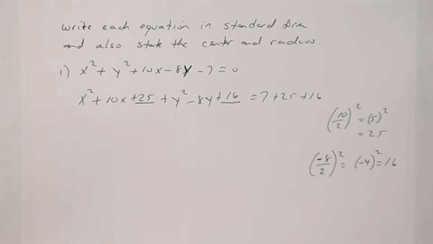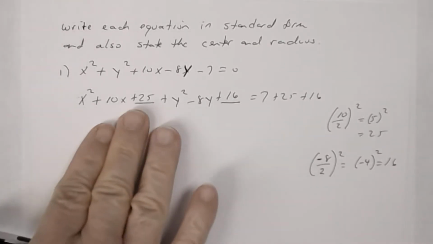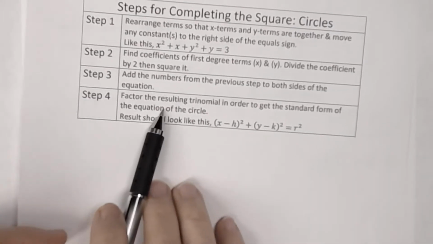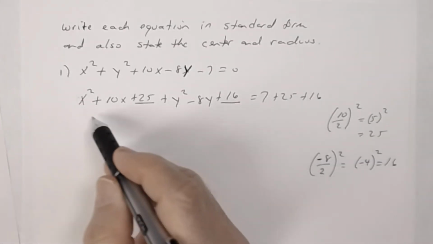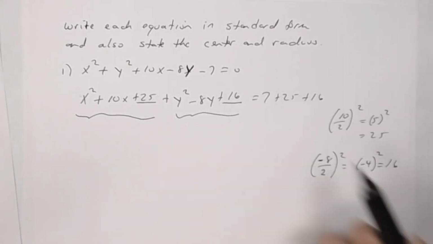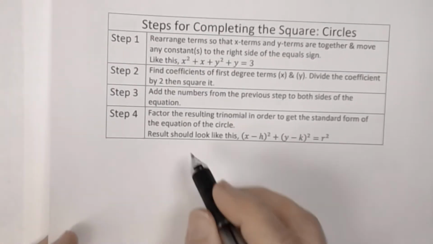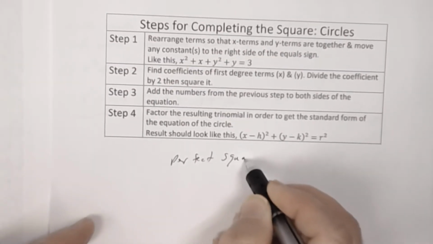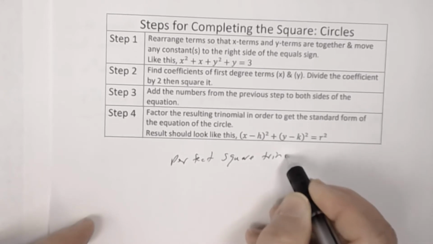Okay? All right, now if I'm doing this correctly, the resulting trinomials should now be perfect square trinomials.